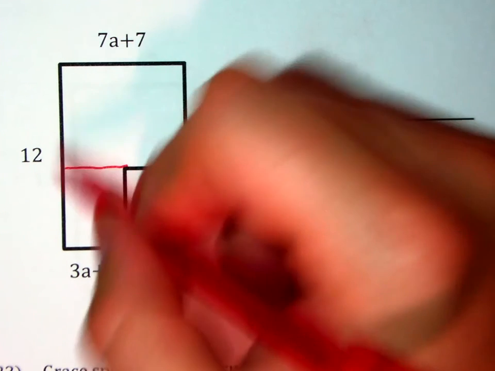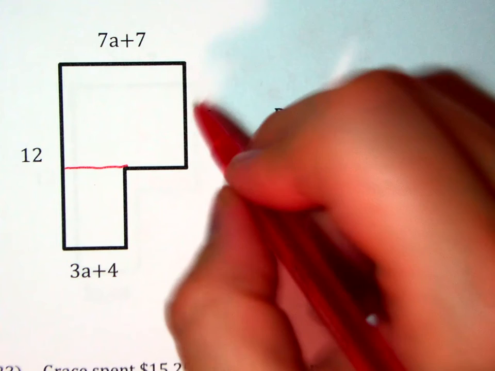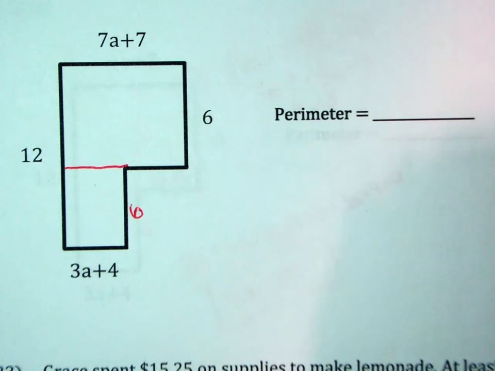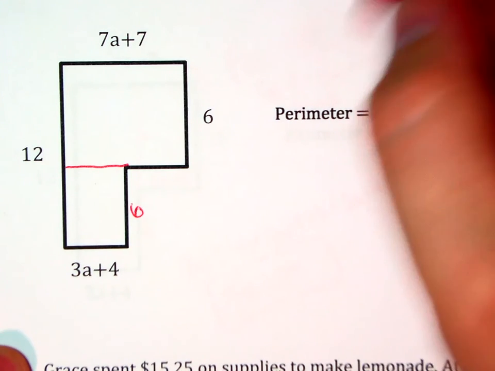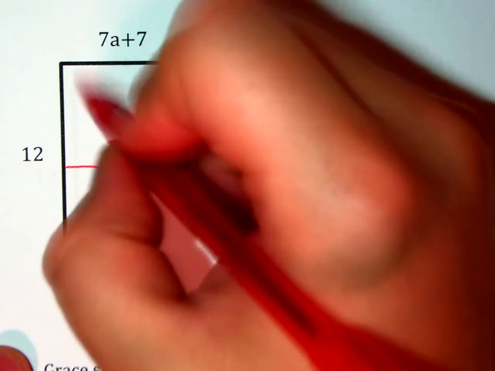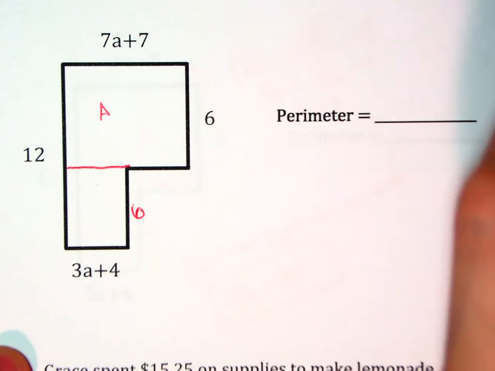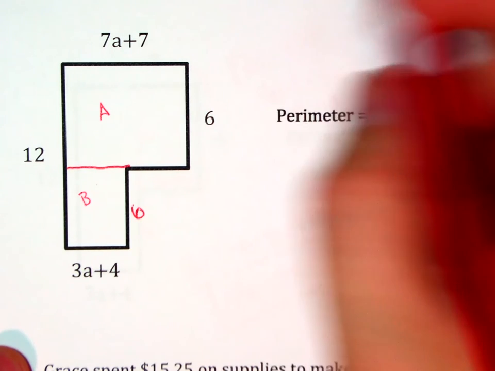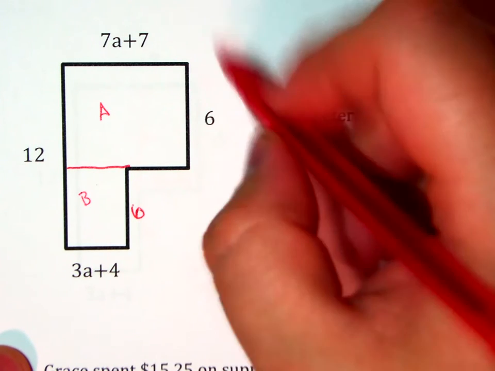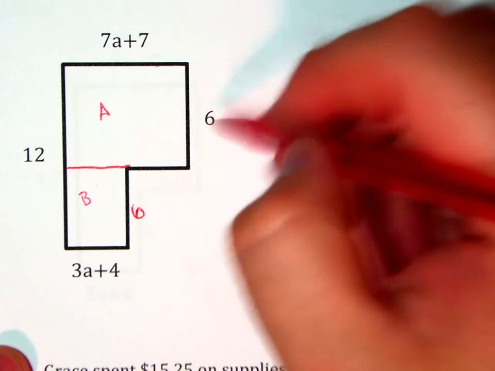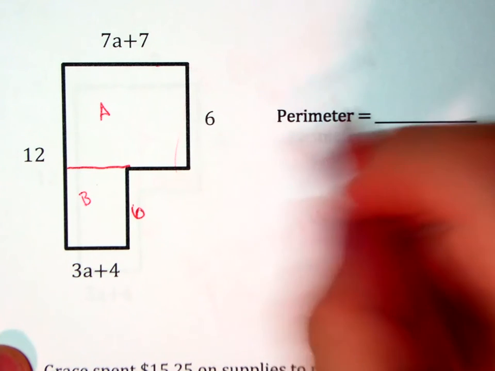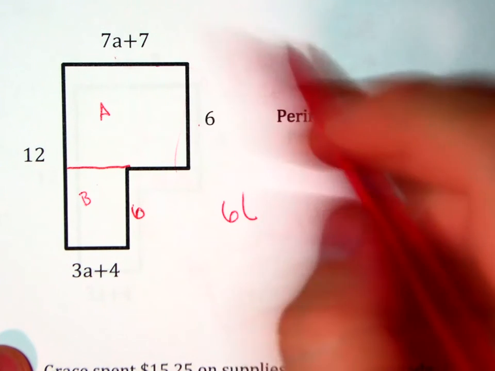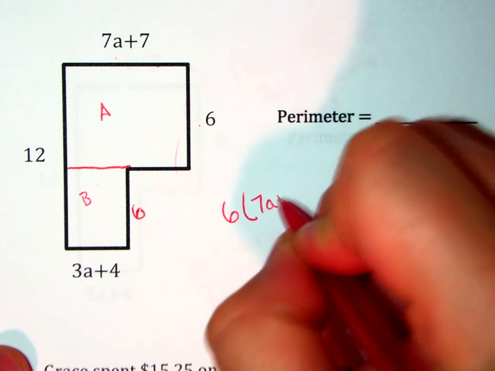Since I divided my 12 up and we knew that this was 6 and we already identified this lower side as 6, I now know that the area of my top box, which I'll call box A, and we'll call box B, is determined by the length and the width. So I would have 6 times 7a plus 7.